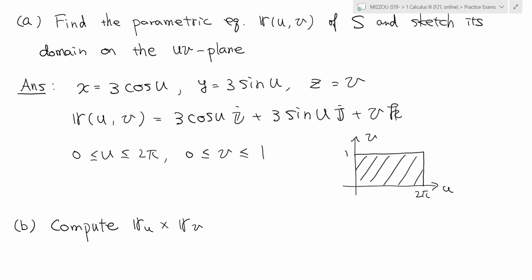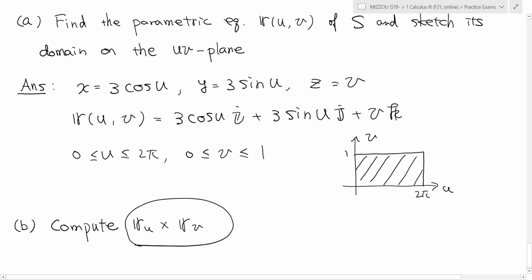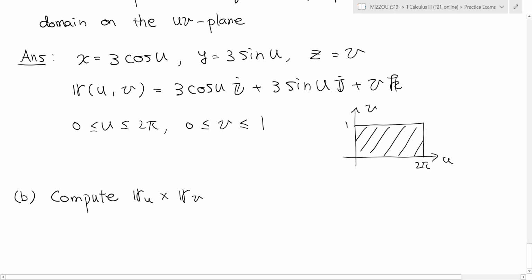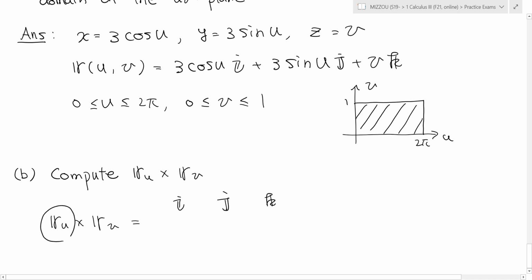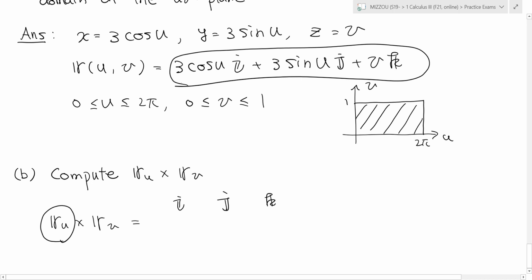Part B, compute r_u cross r_v, where of course r is the same as the previous problem. You take the cross product of two vectors, so you write i, j, k. And which vectors? r_u and r_v. What's r_u? This is the derivative of this one with respect to u.